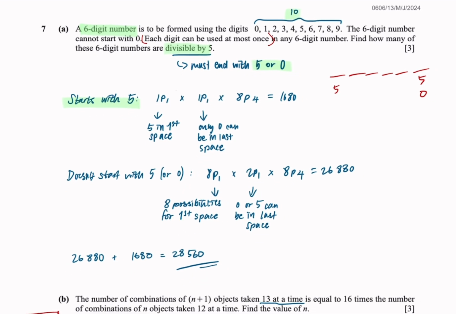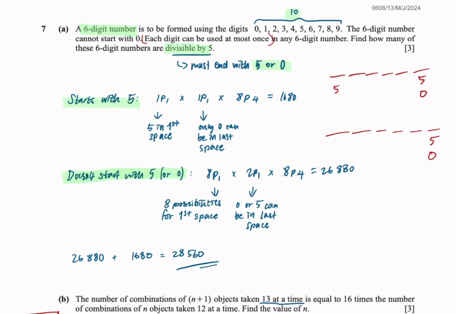And then the next condition is that it doesn't start with 5 or 0. So let's say the first digit can be any number that is not 5 or not 0. So it will be 8P1 because there's only 8 other numbers that are not 5 or 0. And then the last place can be 5 or 0.